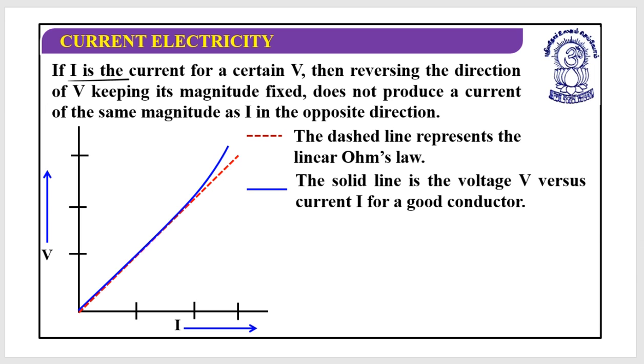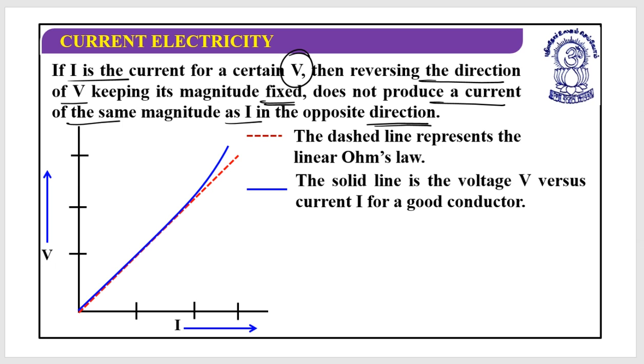If I is the current for a certain voltage, then reversing the direction of V, keeping its magnitude fixed, does not produce a current of the same magnitude as I in the opposite direction. This is something which cannot be explained by Ohm's law.